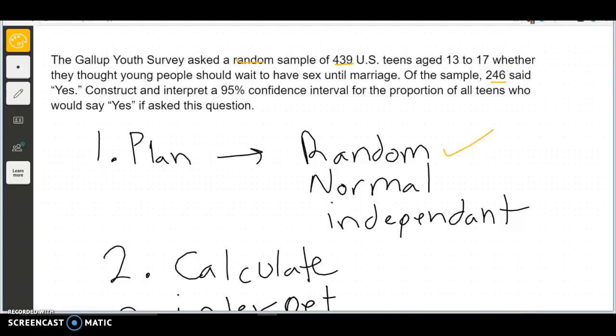So let's check to see if this thing's normal. We check that by doing n times p is greater than 10, and n times 1 minus p is greater than 10. Both things need to be true. So let's just check that real quick.